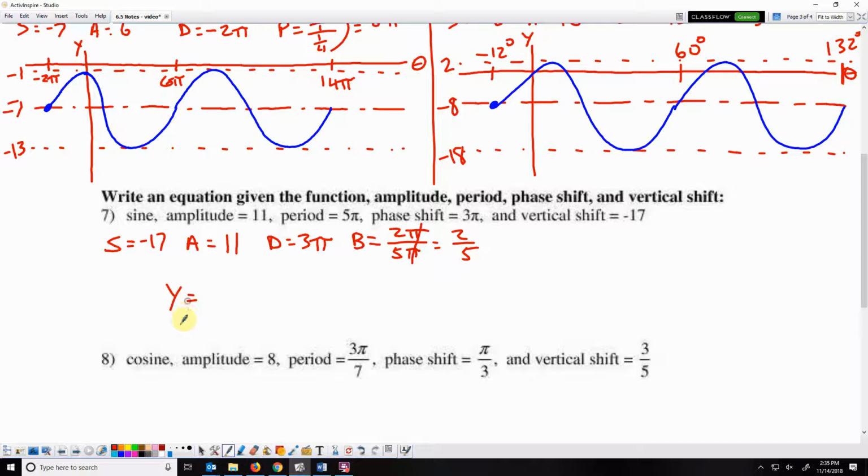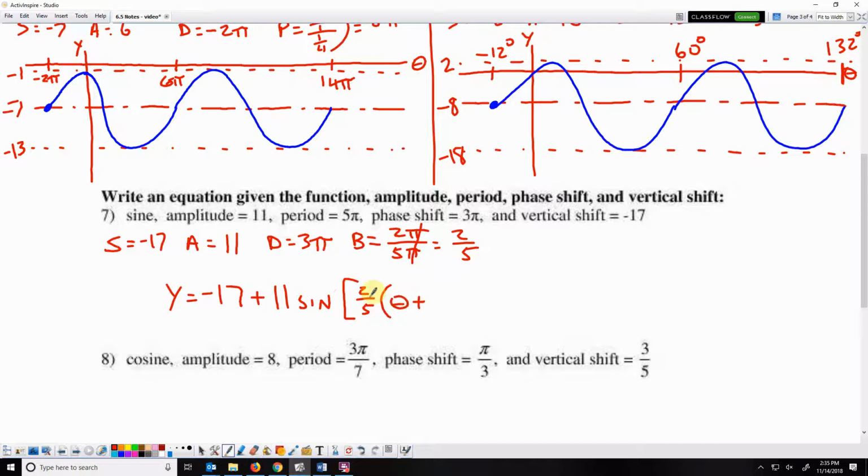So y equals my sinusoidal axis. It's sine. So 11 sine. And I'm going to write a factored form here. It's just going to be easier than distributing. B is 2/5.